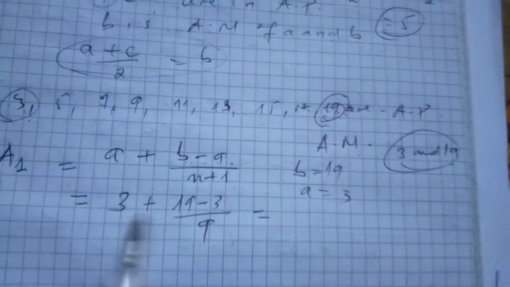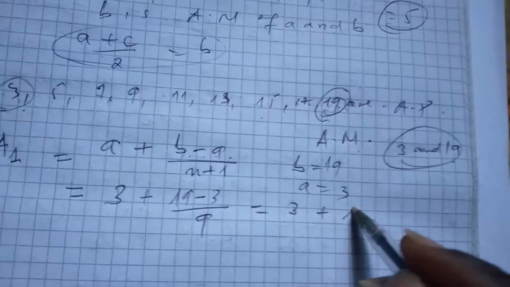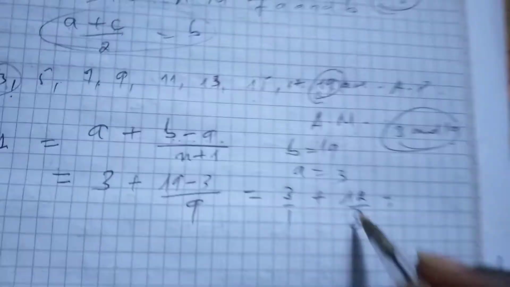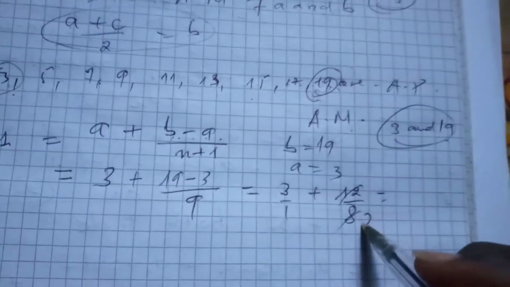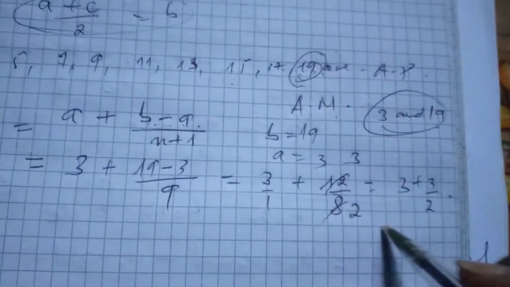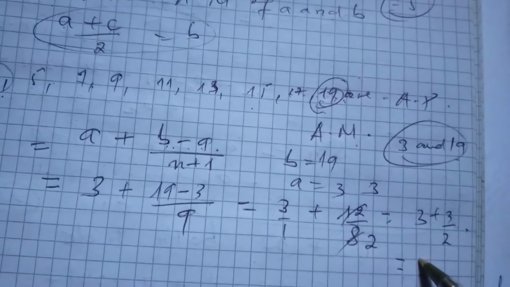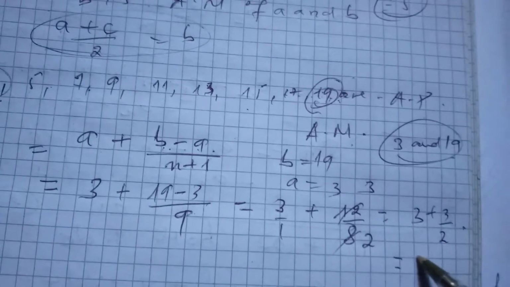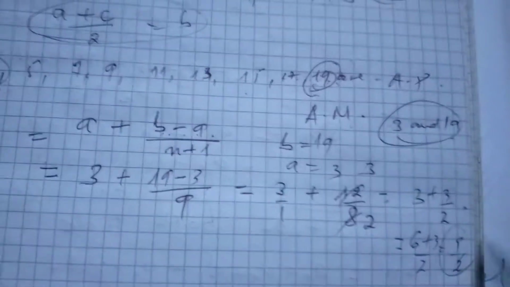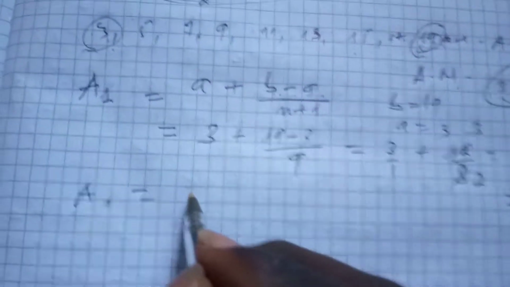This will be equal to 3 plus 16 over 10, which is 3 plus 8 over 5, which is 3 plus 1.6, giving 4.6. So this is A1.